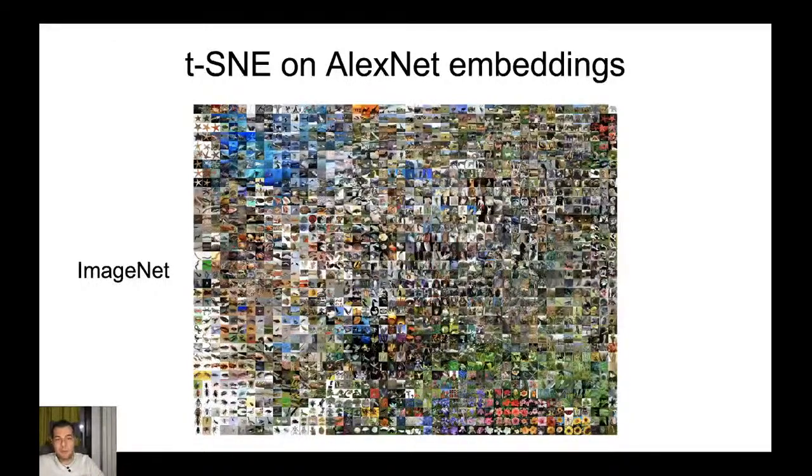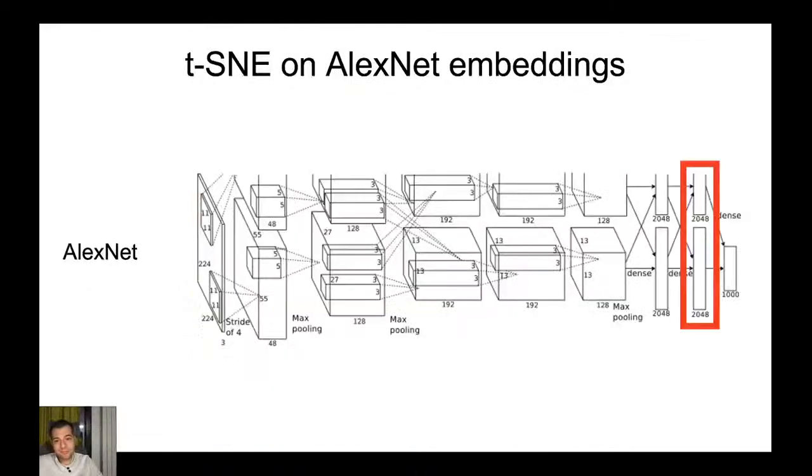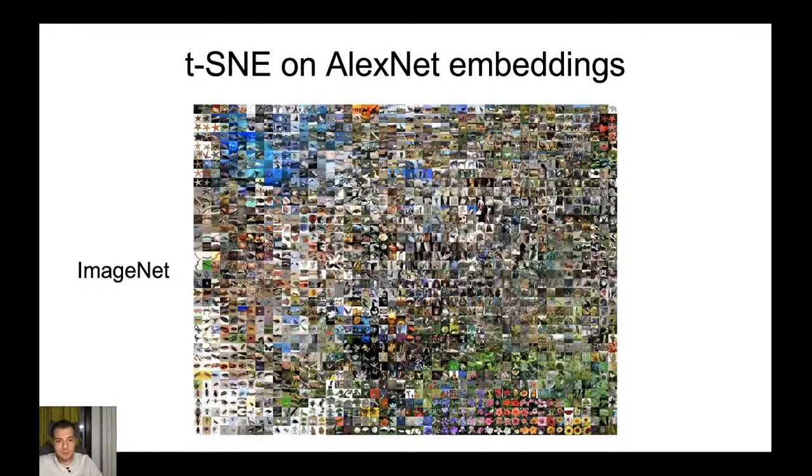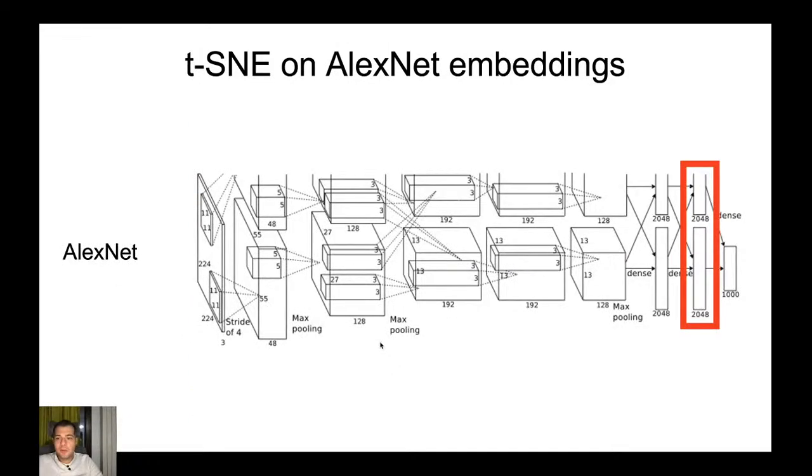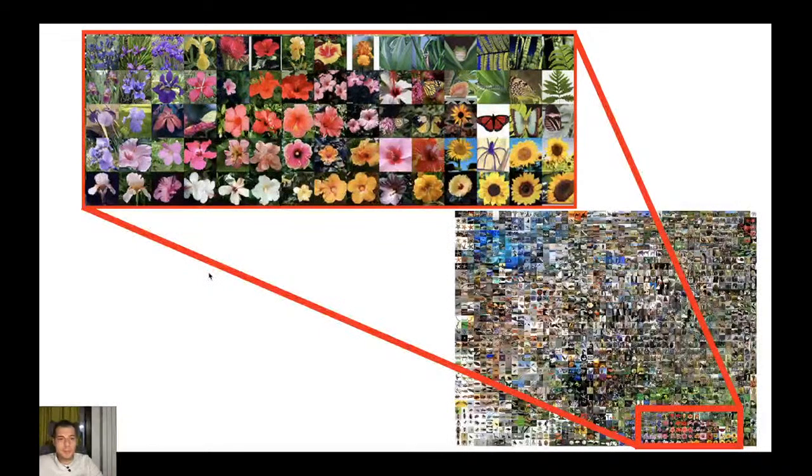If we apply t-SNE on AlexNet embeddings, you'll find that the images that correspond to these embeddings cluster nicely together into this visualization. The idea is just to take the last layer before the classification layer of AlexNet, and you obtain these visualizations.